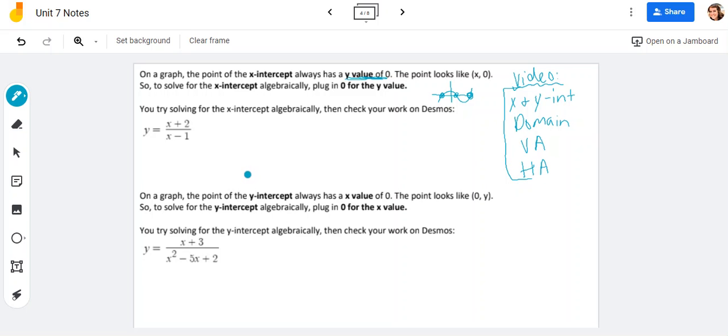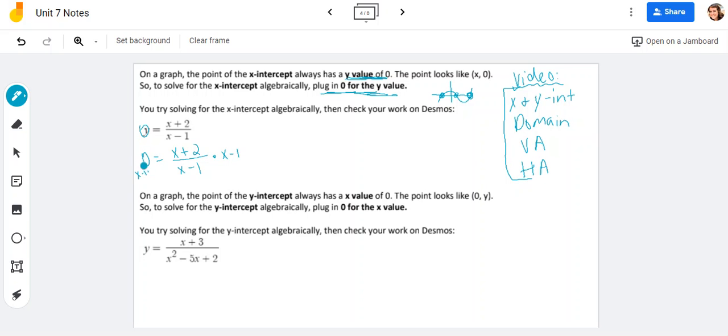So if we want to solve for the X-intercept using algebra instead of using Desmos, plug in 0 for the Y value. So I see here's my Y value, so I'm going to plug in 0 equals X plus 2 over X minus 1. Well, I need to solve for X, so I'm going to multiply by what's in my denominator.